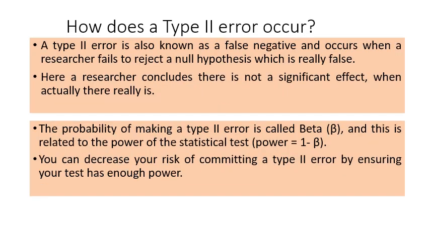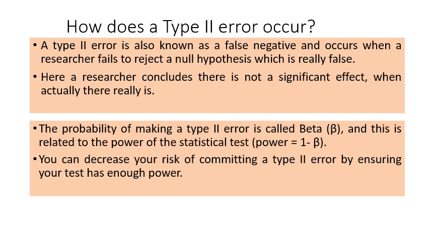Okay, so how does a type 2 error occur? A type 2 error is also known as the false negative. So that's the one I told you. It occurs when a researcher fails to reject a null hypothesis which is really false. So here, a researcher concludes there is no significant effect when actually there really is.